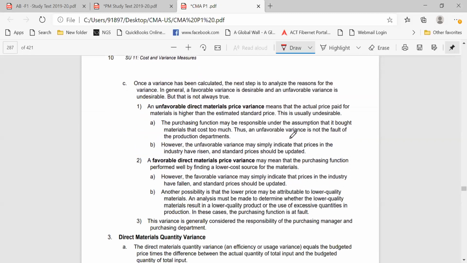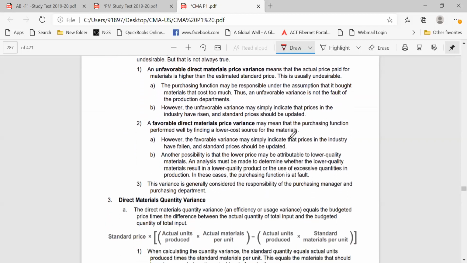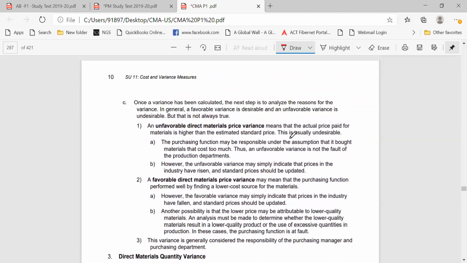There would be an unfavorable variance when the actual price paid for materials is higher than the estimated standard price, and there would be a favorable variance when the direct material price, when you're purchasing it, is lower than the market rate or whatever you had already decided to pay.